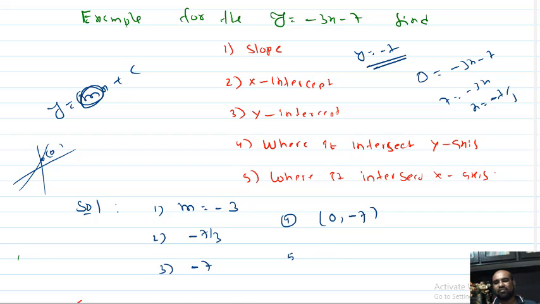Fifth, where it intersects the x-axis. The x-axis means something comma 0 only. What is something? The x-intercept, minus 7 by 3 comma 0. This straight line intersects the y-axis at the point (0, minus 7) and the x-axis at the point (minus 7 by 3, 0), and its slope is minus 3, its x-intercept is minus 7 by 3 and its y-intercept is minus 7.